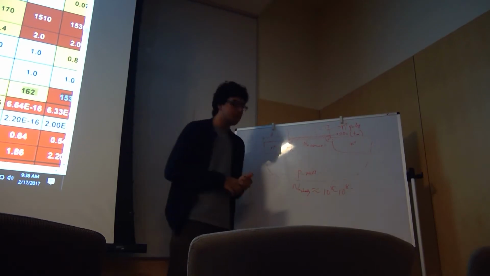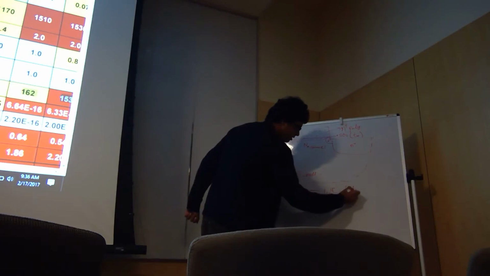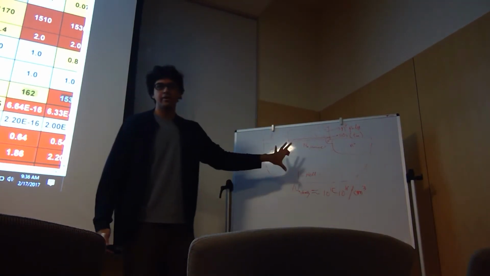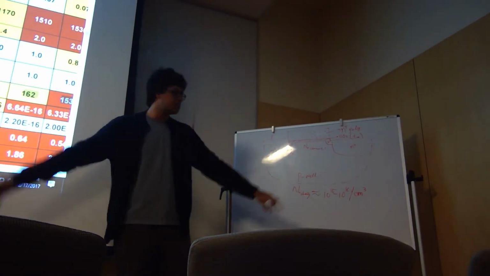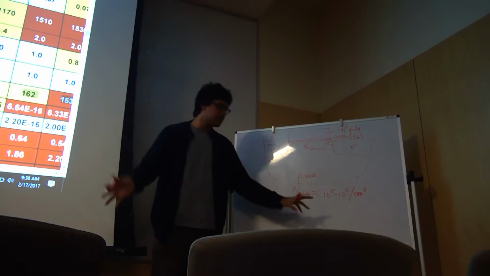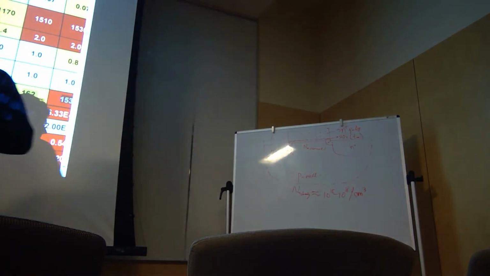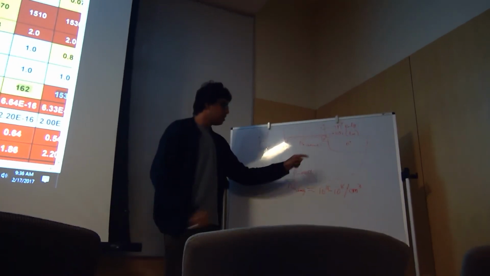Sorry, what number is that? 10 power 15 to 10 power 16 per centimeter cube. Is that just the background concentration? Yeah, this is the substrate doping. So this is uniformly doped. The entire silicon wafer has this doping. And so the channel doping is the opposite type of this background?